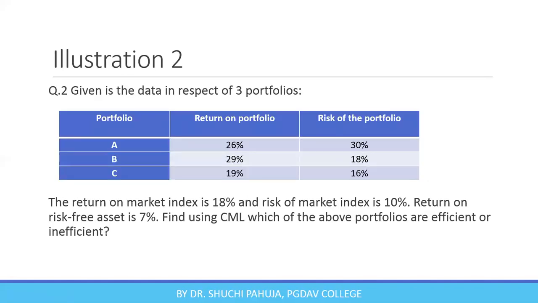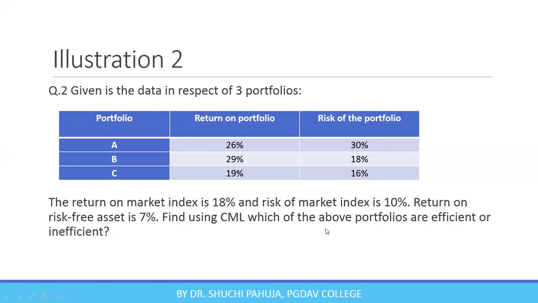Now coming to illustration 2, the question may come in examination in this form also. Three portfolios A, B, C are given to you. Returns on the portfolios A, B, C are in the second column, and risk of these portfolios is in the third column. The return on market index is 18%, risk of market index 10%, return on risk-free rate is 7%.